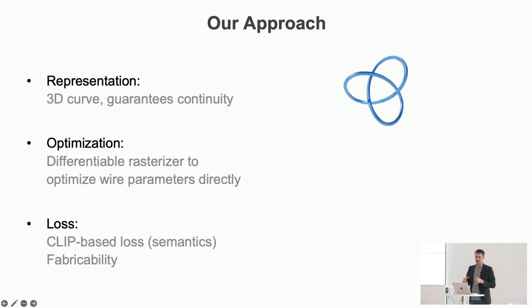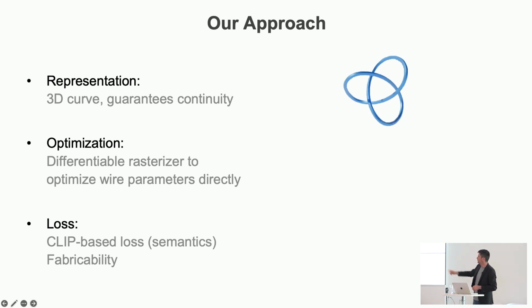And then during optimization, we have a differentiable rasterizer to optimize the wire parameters, so the parameters of this curve directly. A reason for doing this is that if you always have a connected curve, you don't get individual pieces that are hanging in the air. You always have some continuous, nicely connected structure.